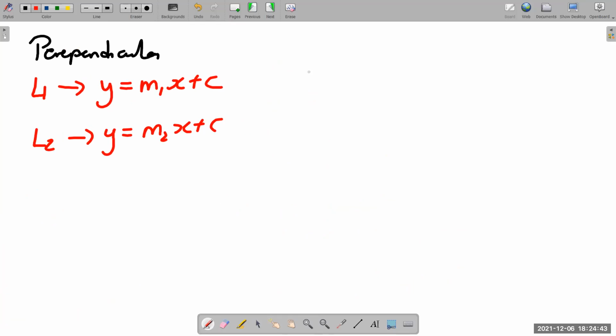So if we have two lines, and we have M1, which is the gradient of the first line, and M2, which is the gradient of the second line, what did they say? If we multiply M1 times M2 and the answer is -1, then those lines are perpendicular.